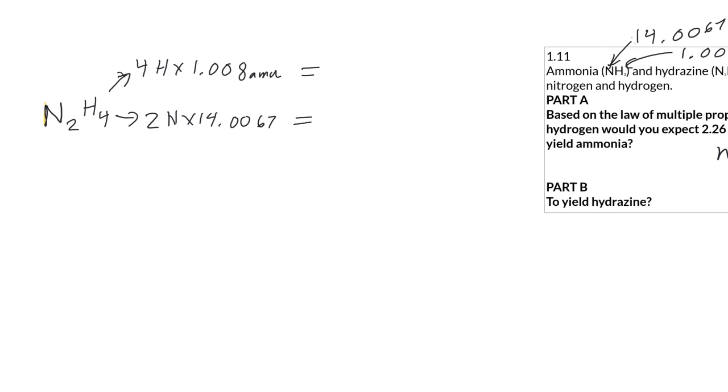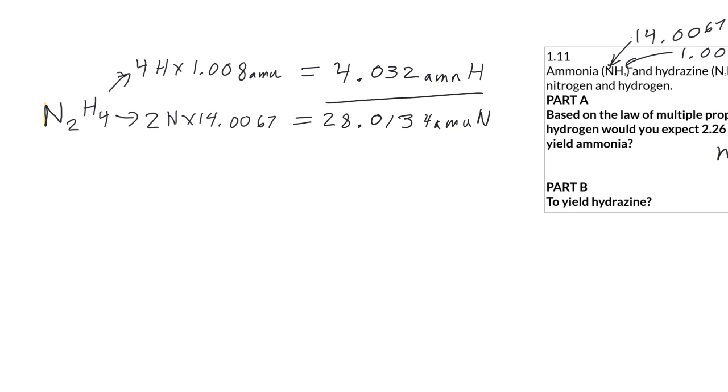Running to my calculator now, 4 times 1.008 is 4.032 AMU of hydrogen, and then 2 times 14.0067 would be 28.0134 AMU of nitrogen.